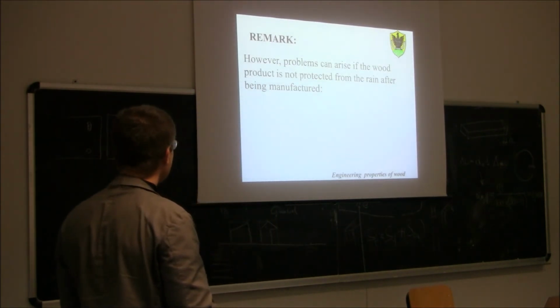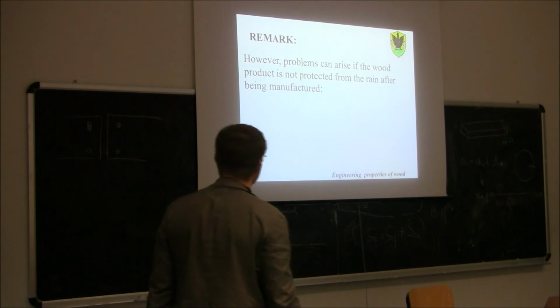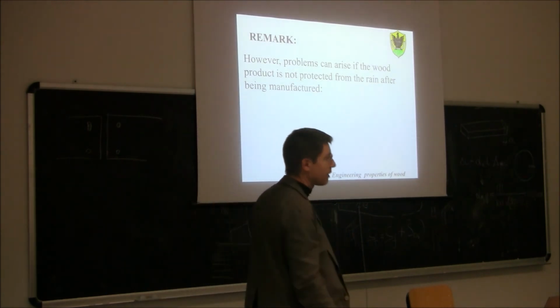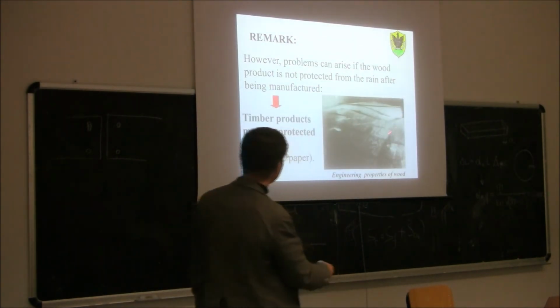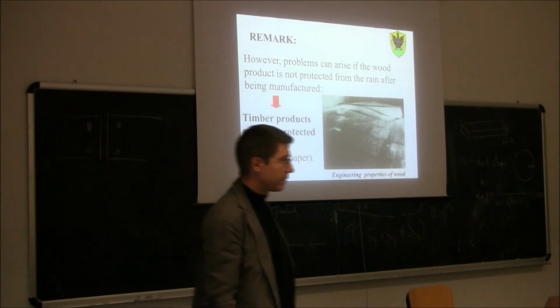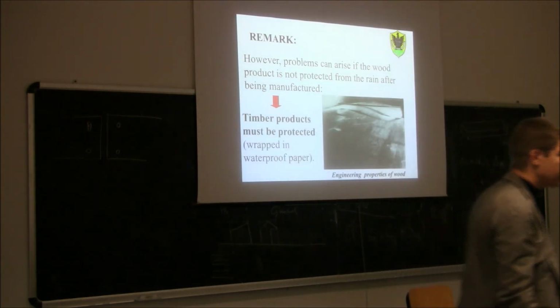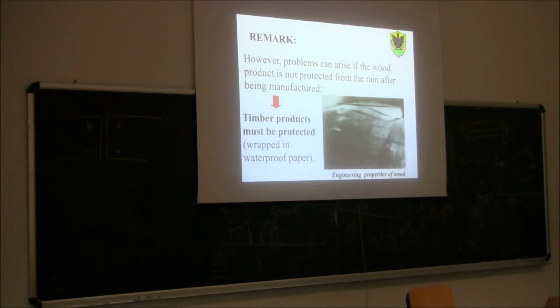However, problems can arise if the wood product is not protected from the rain after being manufactured. This is an example you see of a floor made from wood panels that got wet after installation because of a leakage. Okay? So being wet, they start increasing in length.